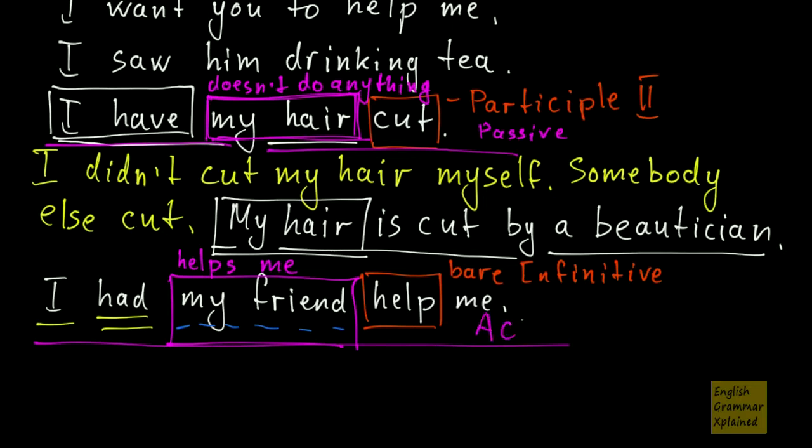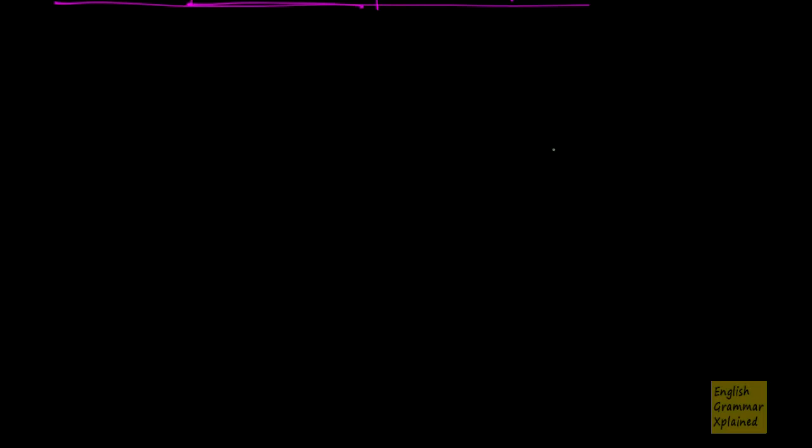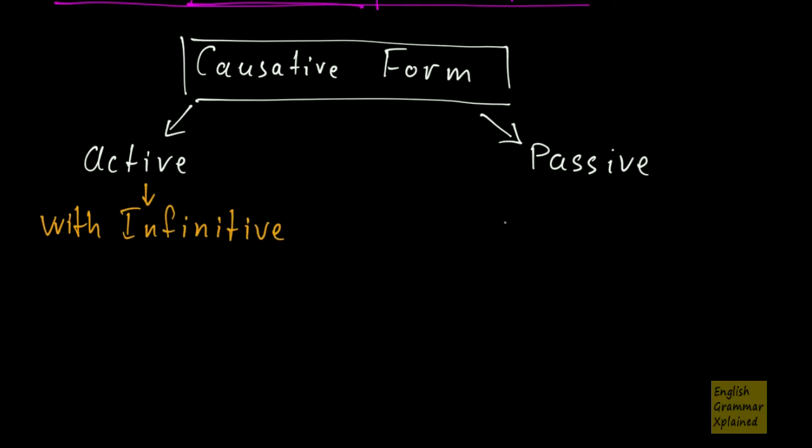And this is active. So I can say that causative form can be either active or passive. And when it is active, it needs an infinitive, not a past participle. It is used with an infinitive. But passive causative form is used with a participle, past participle.